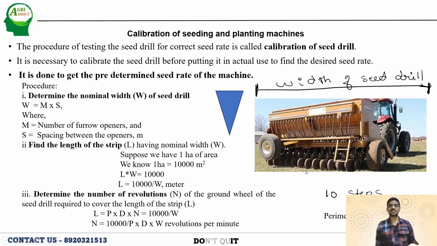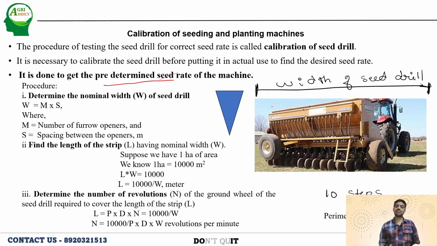And now, calibration of the seeding and planting machines. The procedure of testing the seed drill for the correct seed rate is called calibration of the seed drill. It is as simple as the statement says. Now, why is there a necessity of seed calibration? To get the predetermined seed rate. Before putting seeds in the seed drill, we have to check how much quantity we are supposed to fill.